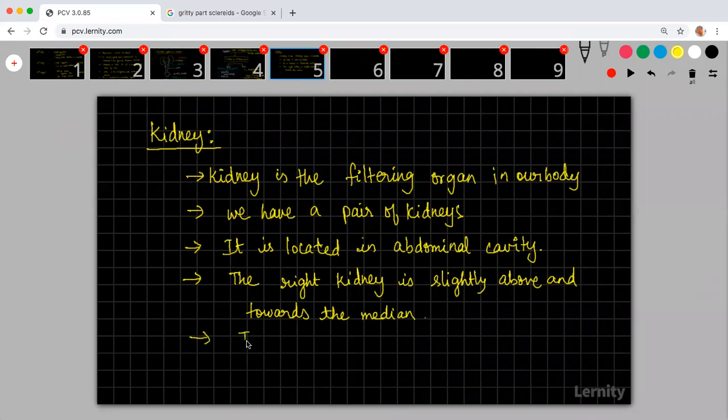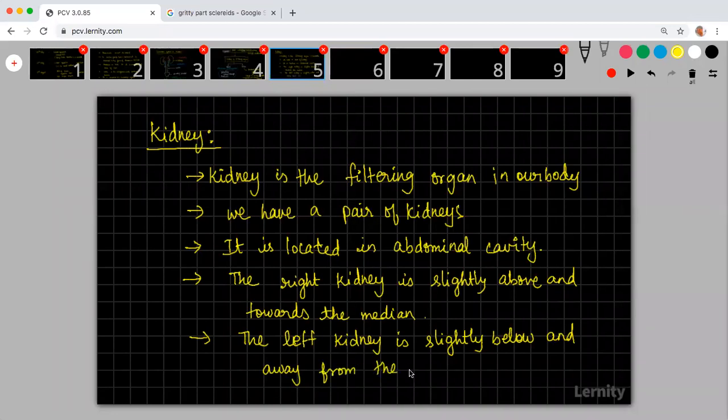The left kidney is slightly below and away from the median.